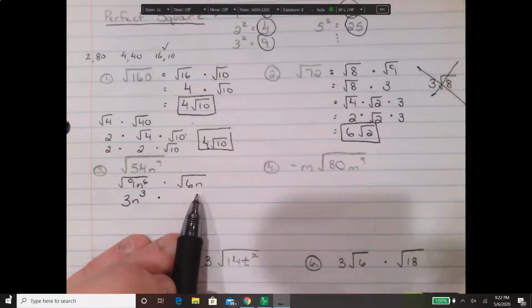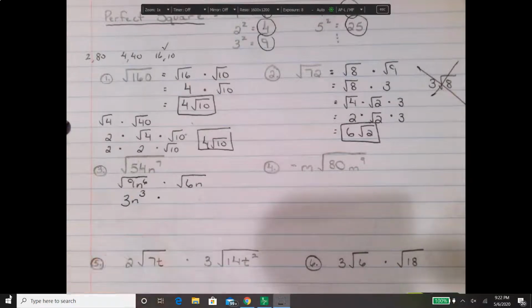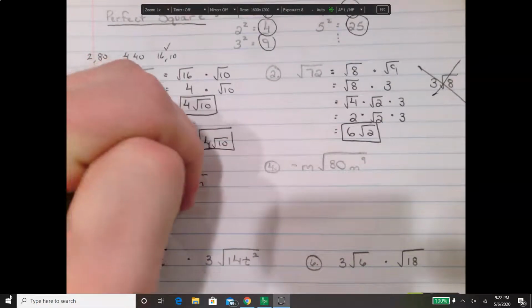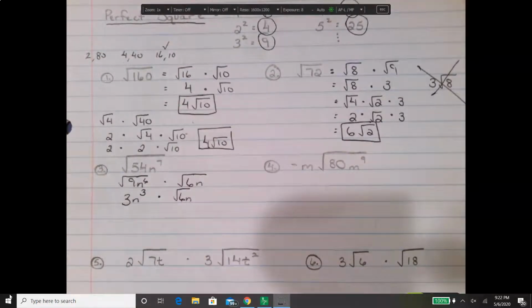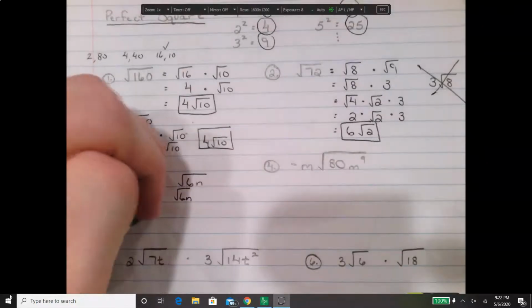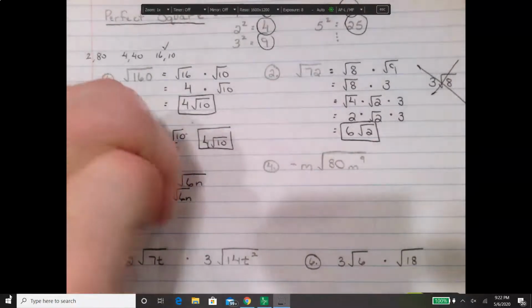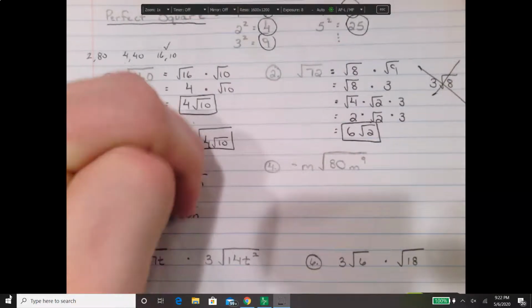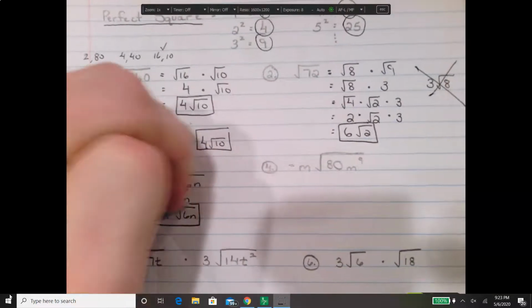So I really can't break it down as well. So this problem is simplified as far as it can go. So it's going to just be radical 6n. So I have my final answer. Now I need to just put it together. So 3 n to the 3rd radical 6n. And that is my final answer.